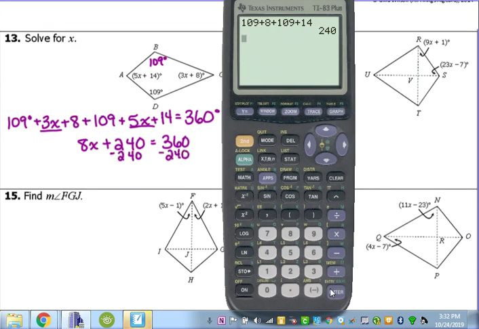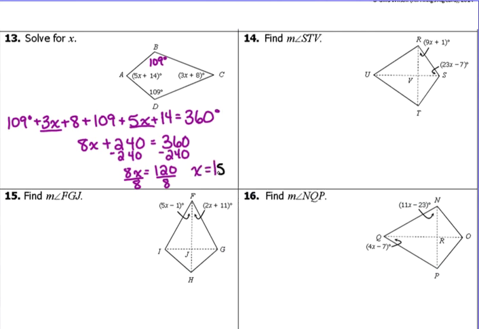Subtract 240. 8x is equal to, that should be 120. Let me double check. Yep. And then we divide by 8. X equals 15. Was that what our problem was asking for? Go back to the beginning, solve for x. So yes, we are finished.